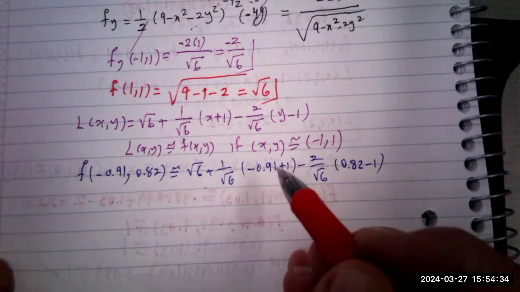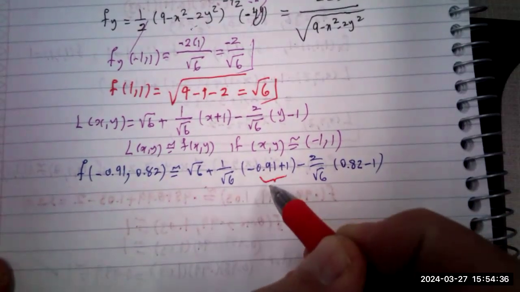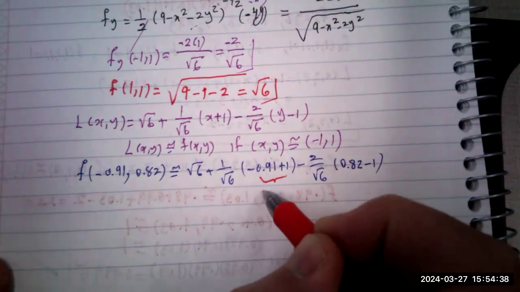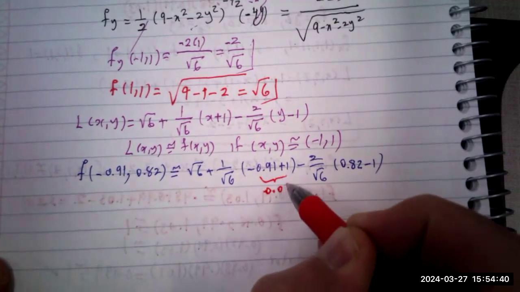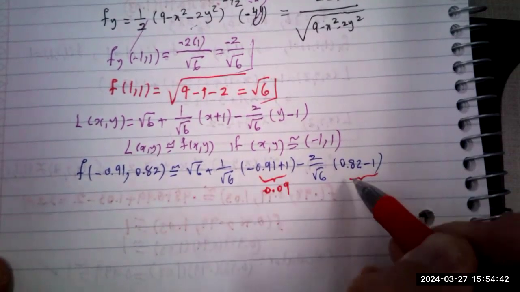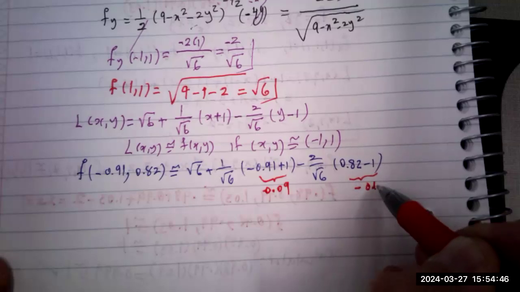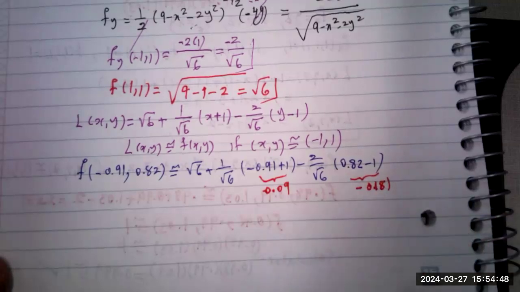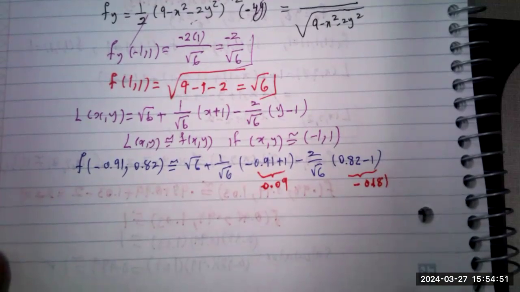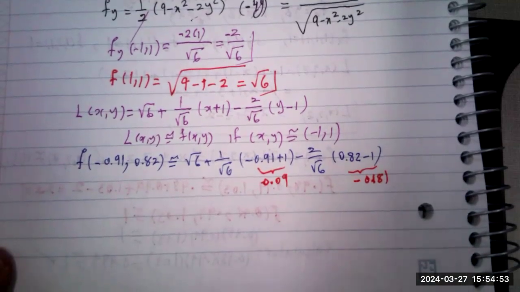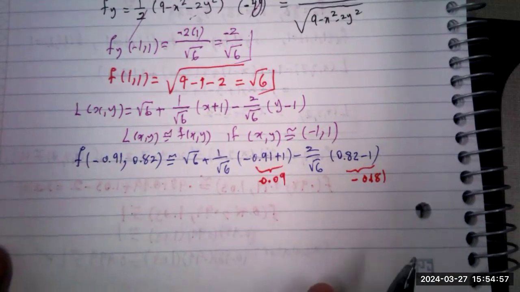So, you know, this is going to be 0.09, and this is going to be negative 0.18. Okay, you have to use a calculator to get these numbers. You can work it with this radical 6 and then do it, or just do it right away. We give something nice.